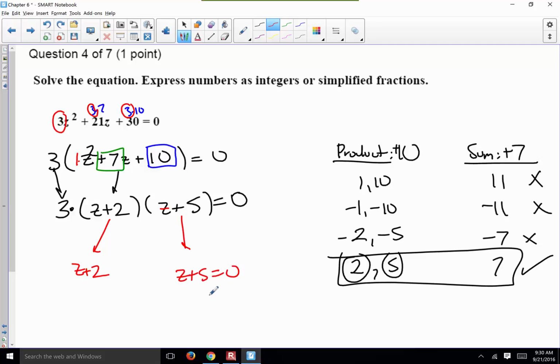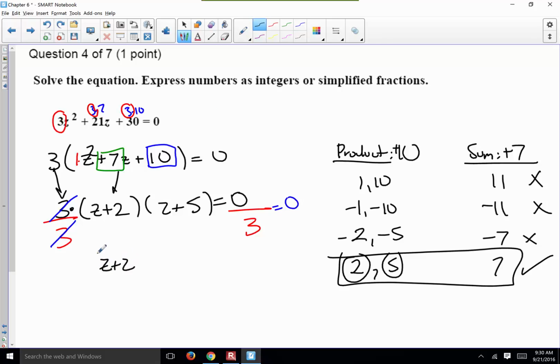Or some people are really obsessed with this 3 and they want to handle it. This is how you can handle it. You can divide both sides of the equation by 3. And look what happens. These two cancel and 0 over 3 is 0. So if that 3 is bothering you, if you're really that picky to take care of that 3, look, it's gone.